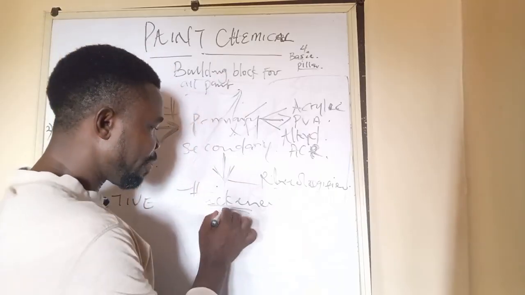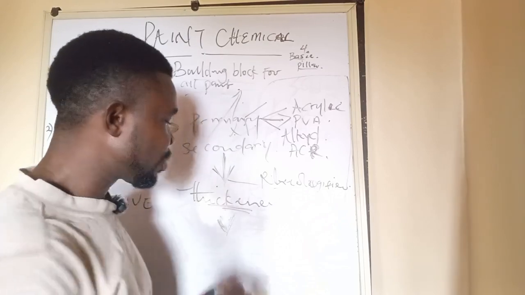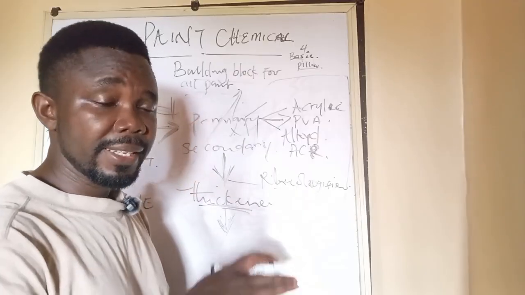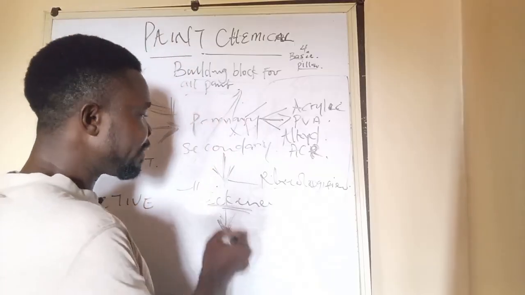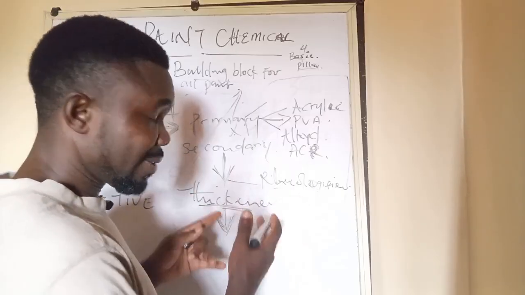So if your paint is not thickened enough, the paint will settle in no time. And then you begin to see water on top, and then your filler will settle down, or your pigment will settle down. So that is the function of the primary binder and the secondary binder.